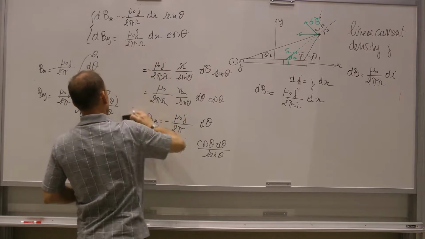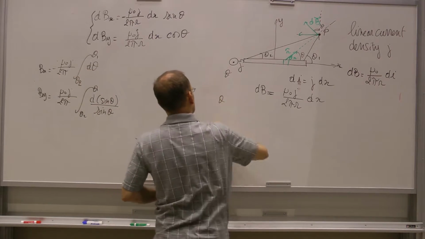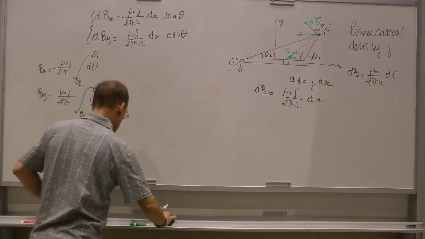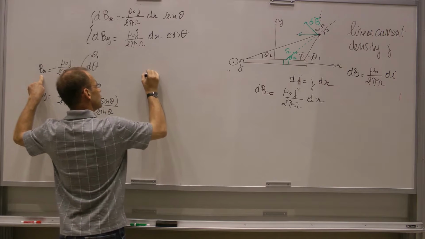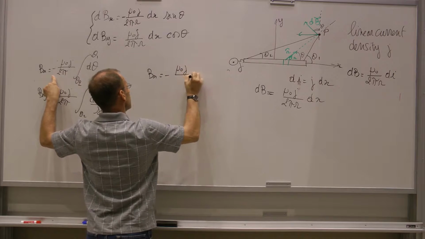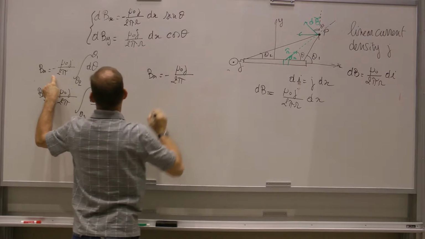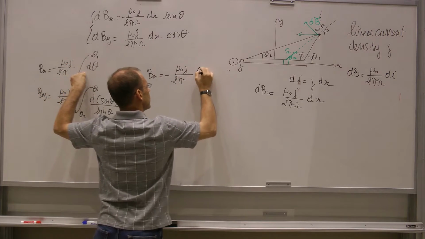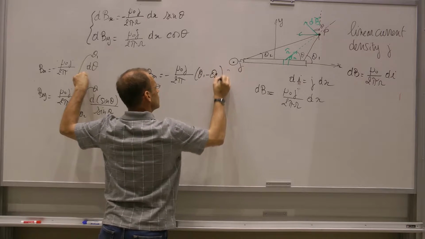We can remove this. And the first expression gives me Bx equals negative mu 0 j over 2 pi, and then the integral becomes simply theta 1 minus theta 2.